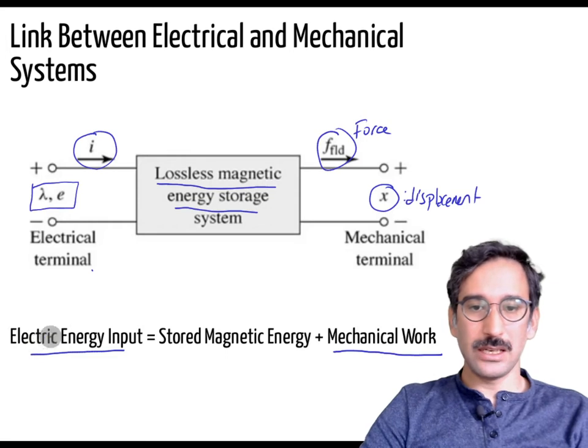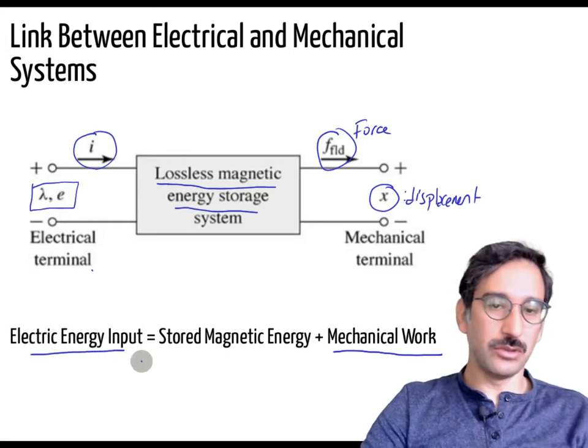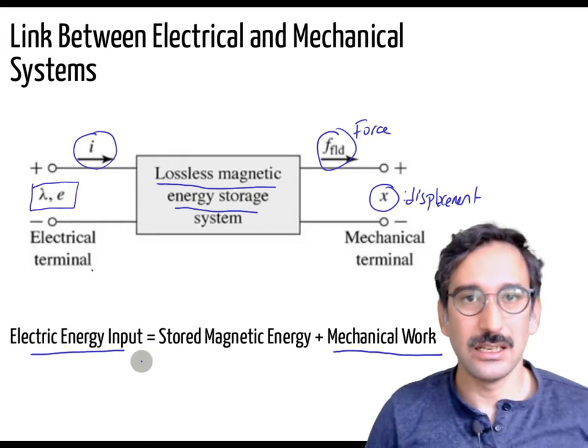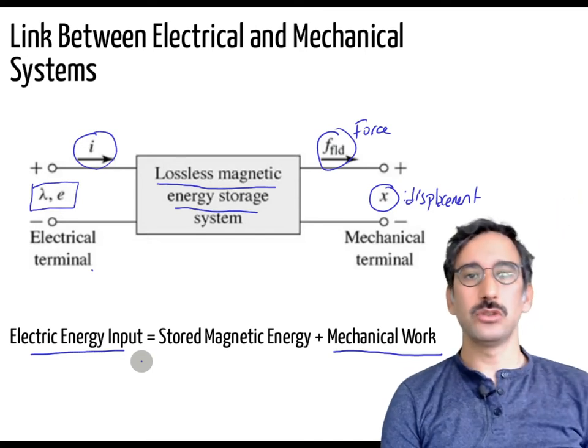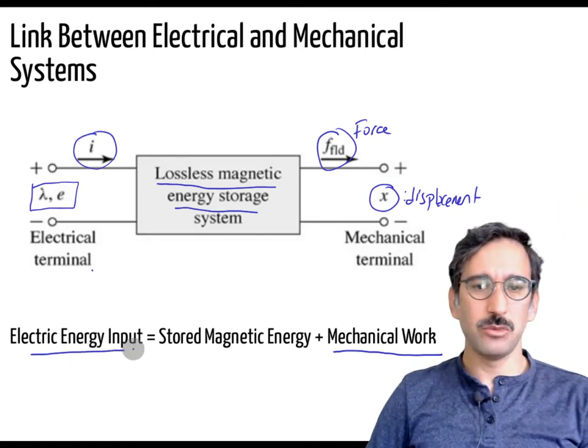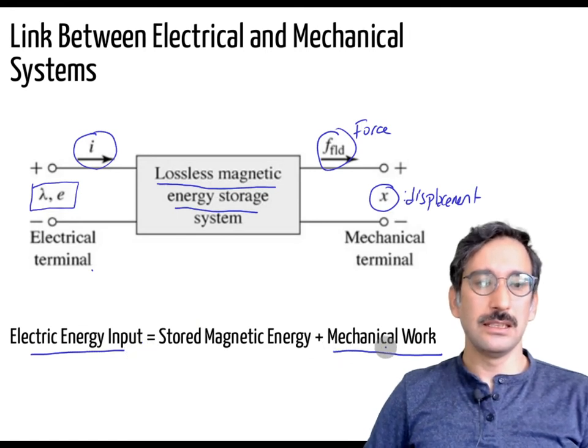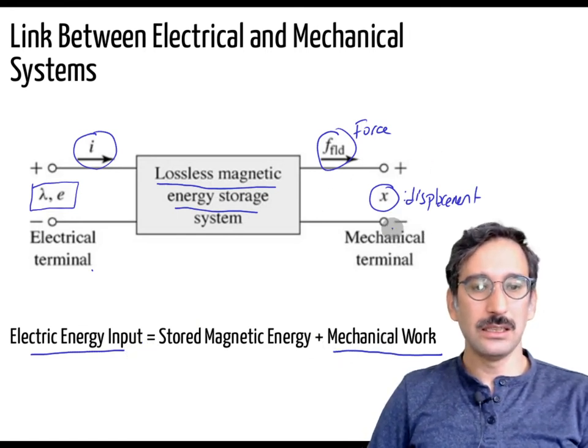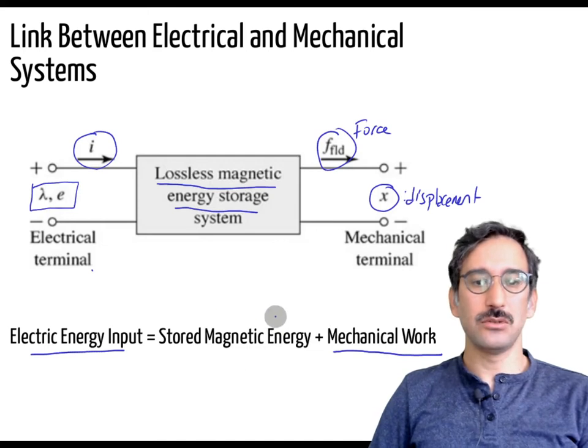So we can write the electrical energy input, assuming this is working like a motor in this case. The total energy input is equal to the mechanical work done plus the stored magnetic energy.